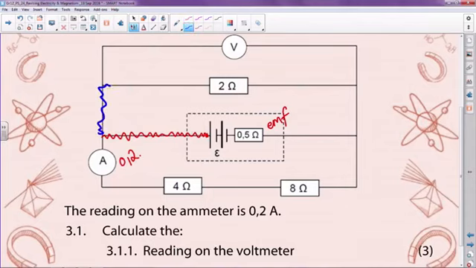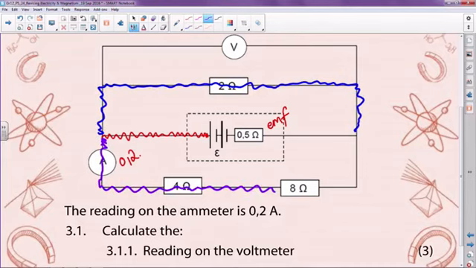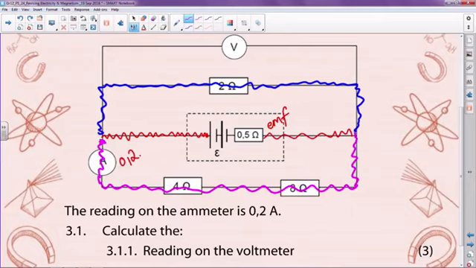Some of it goes through the two, and some of it goes through here, and we get to there, and look, it all comes back together.